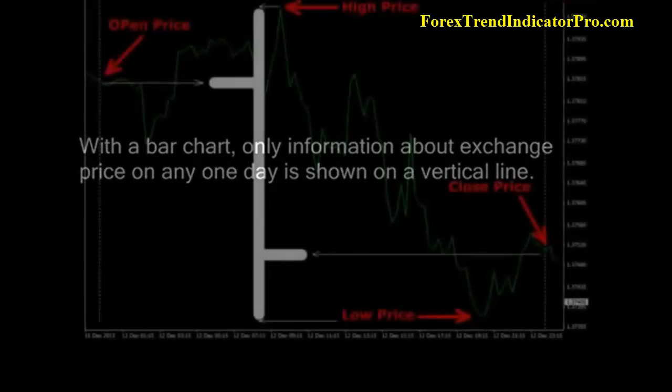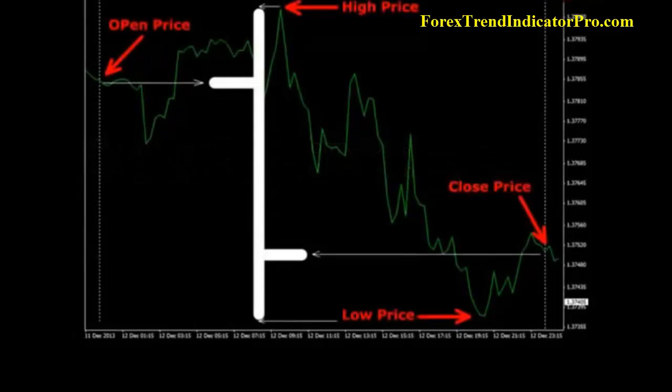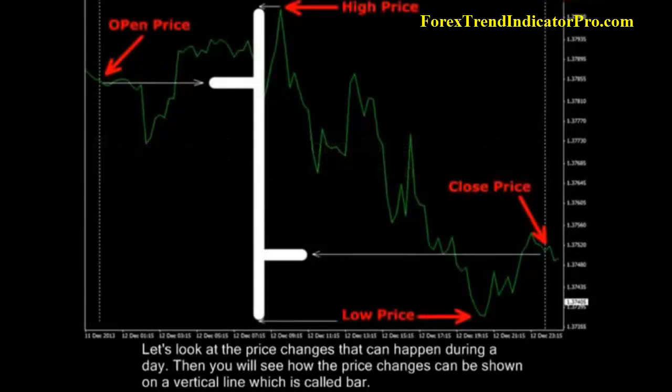Bar chart. With a bar chart, only information about exchange price on any one day is shown on a vertical line. Let's look at the price changes that can happen during a day.